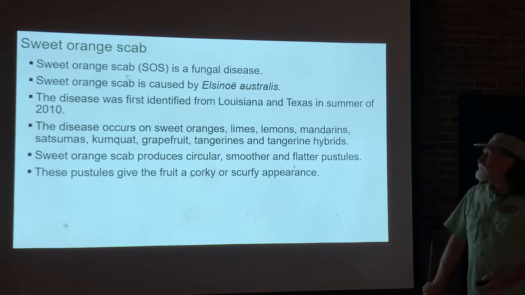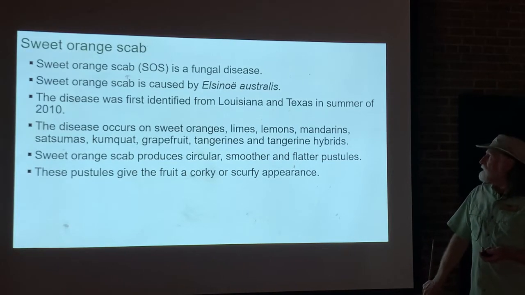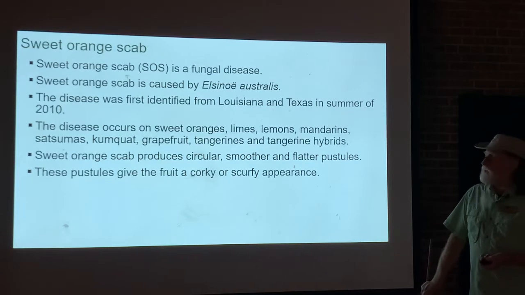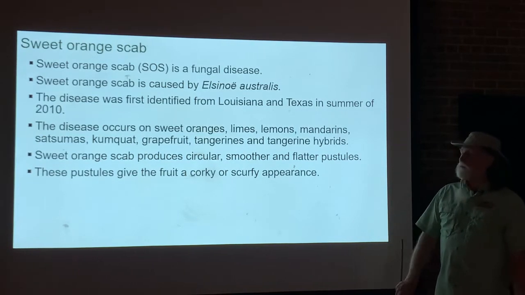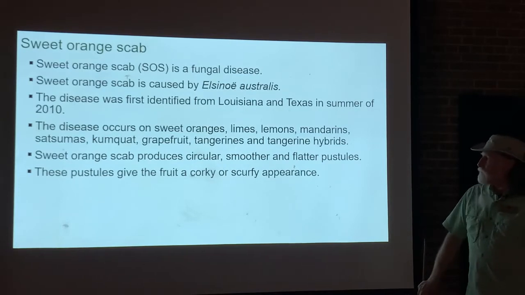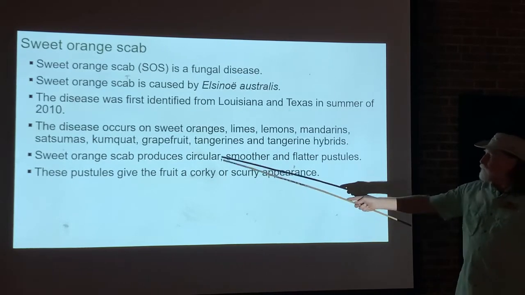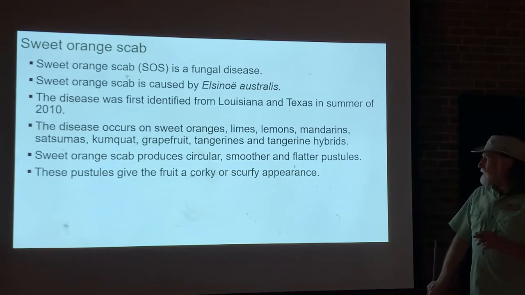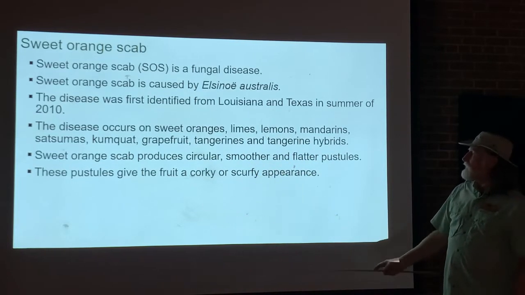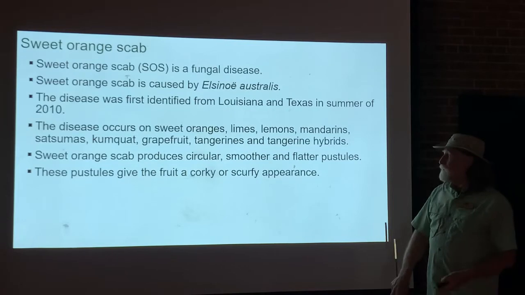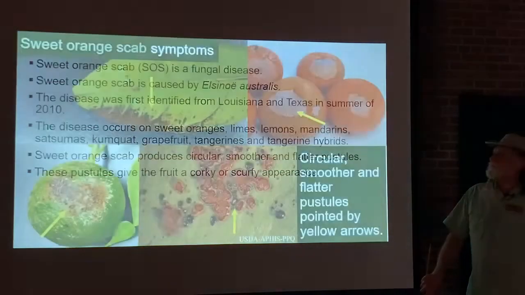The disease was first reported in Louisiana and Texas in 2010, so it hasn't been around a long time, but once we detect something like this, it seems to spread fairly rapidly. It will produce circular, smoother, flatter pustules on the fruit than citrus scab. Sweet orange scab is not quite as pronounced, but it will give the fruit that corky or scruffy appearance.